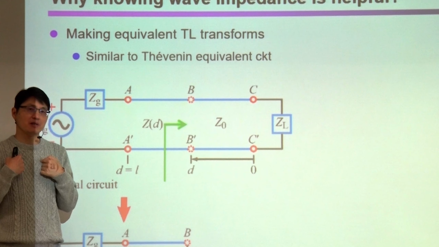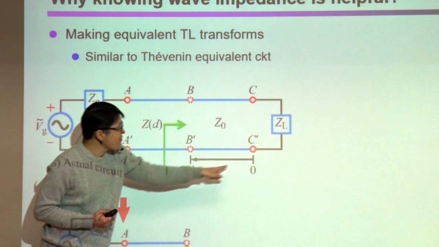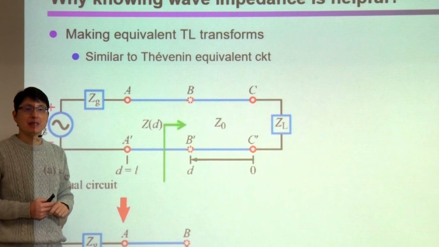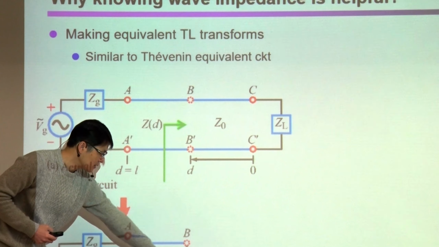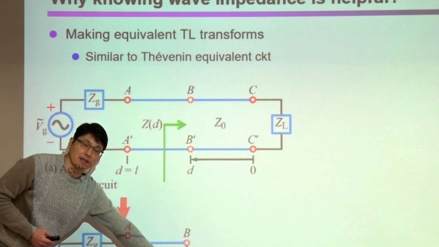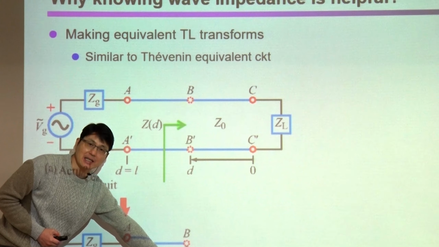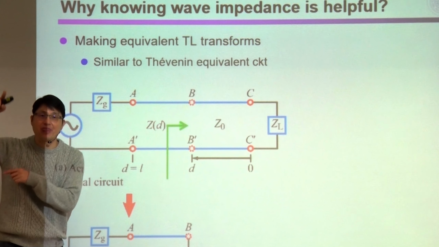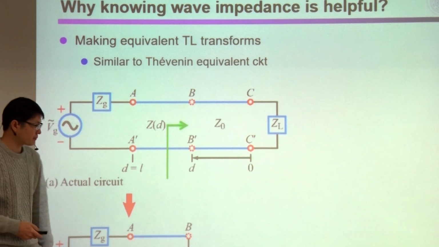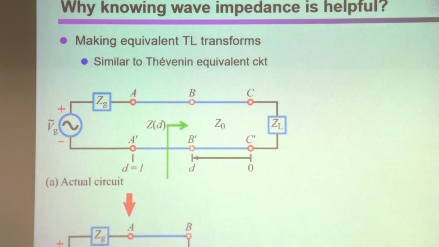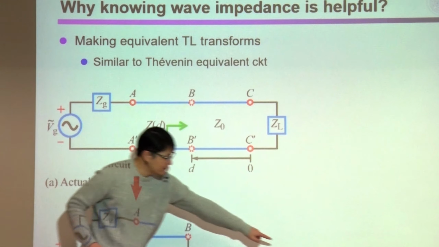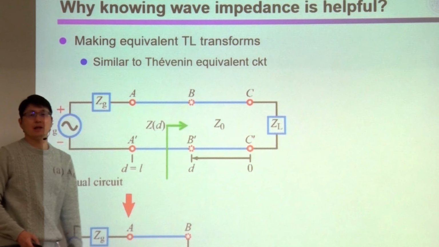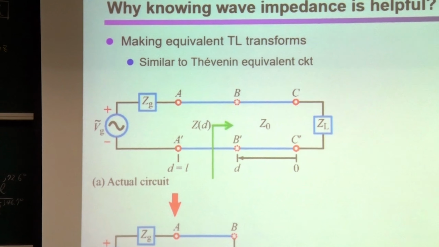And I ask myself, what is the effective impedance for the transmission line plus load? That's it. Z of D. And now you only have to replace D with L, the length of the transmission line. And that's it. Right? Just let D equal L, and we should know everything.